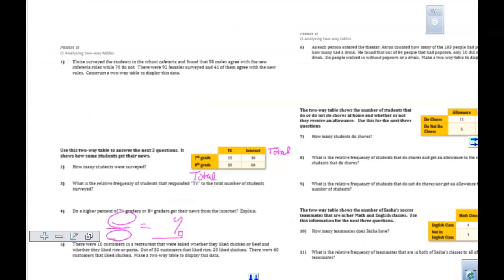So, as you are looking at your two-way tables and making these tables, it is very important how you set them up.